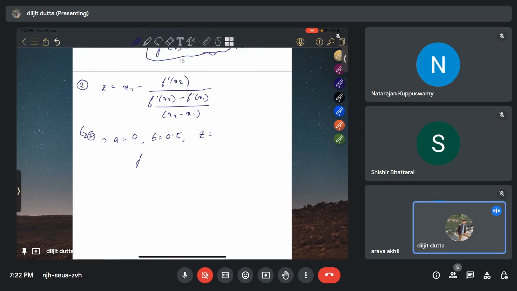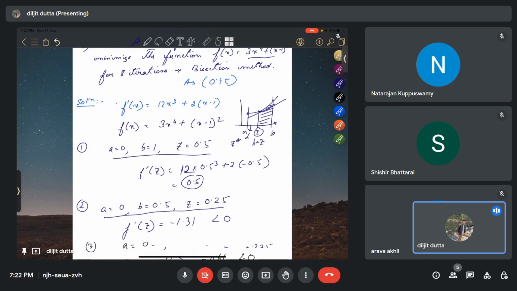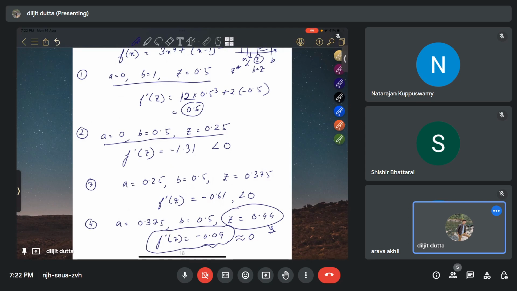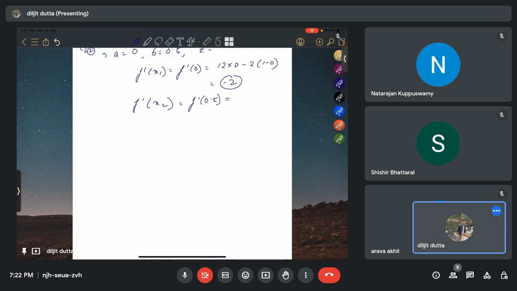So f dash x1 equals f dash 0, which is 12 into 0 minus 2 into 1 minus 0, equal to minus 2. F dash of x2 is equal to f dash of 0.5, and we obtained f dash of 0.5 as 0.5 only.